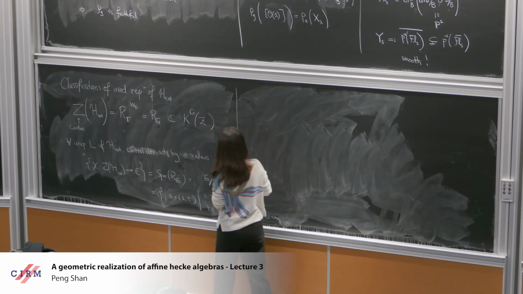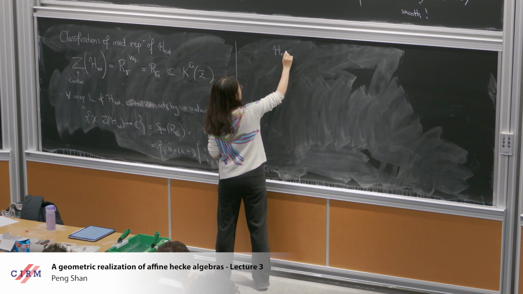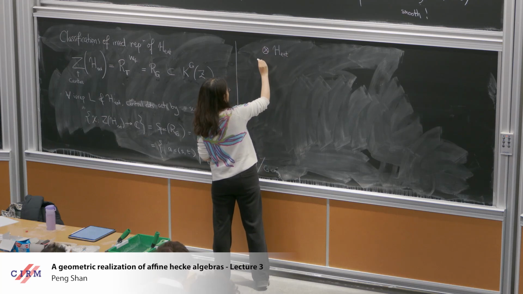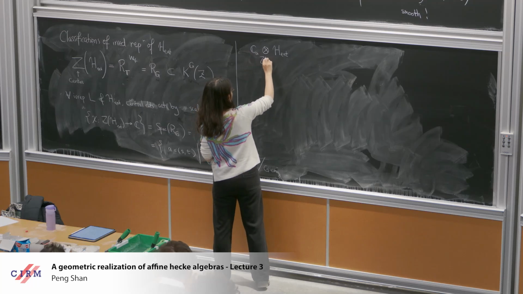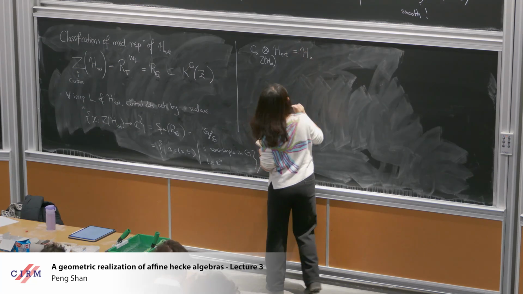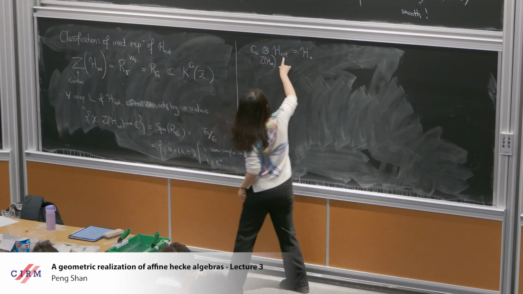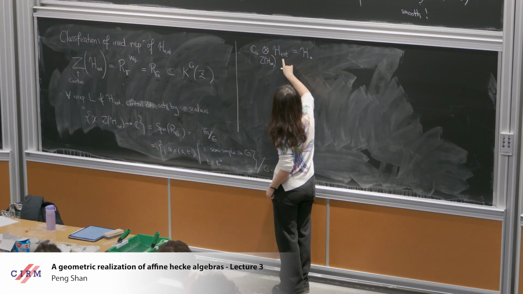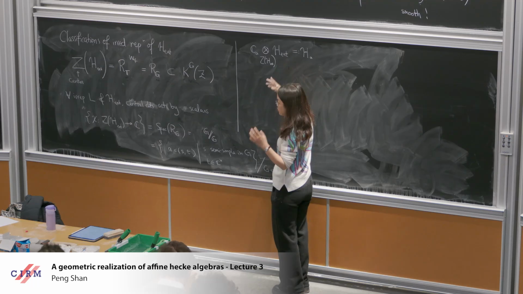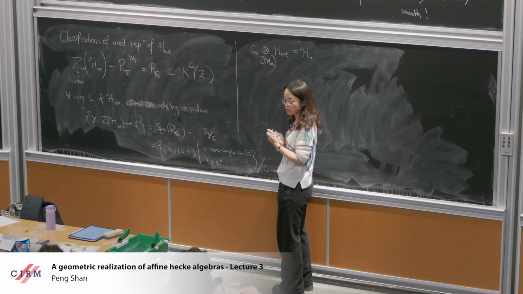And so we're reduced to looking at representations of this algebra specialized at the central character A. So I just write CA for the corresponding central character, and denote this algebra by HA.